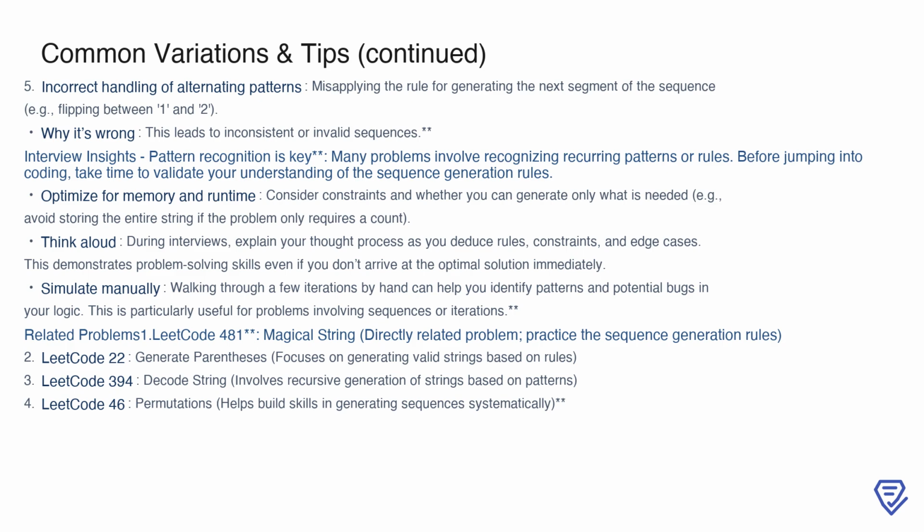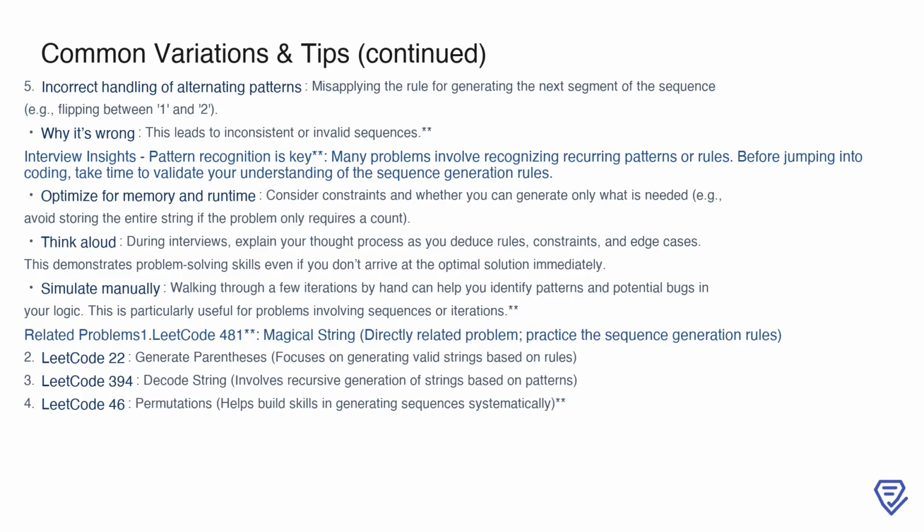By explaining your thought process, you demonstrate your problem-solving skills even if you don't arrive at the optimal solution right away. Manual simulation can also be a powerful tool. Walking through a few iterations by hand helps you spot patterns and potential bugs. For additional practice, related problems like generate parentheses, decode string, and permutations can help strengthen your skills in generating sequences based on rules.